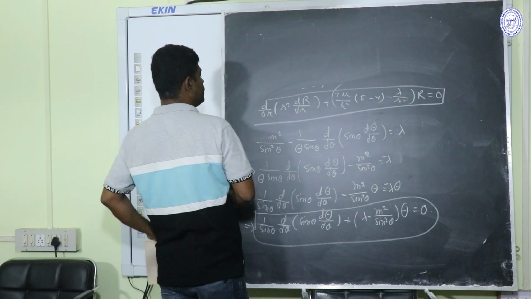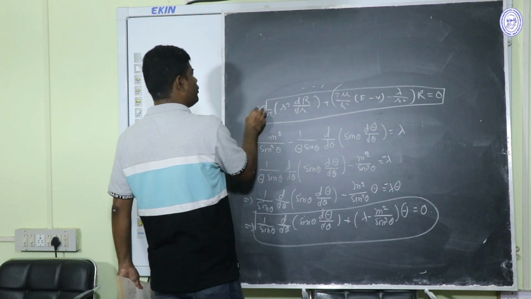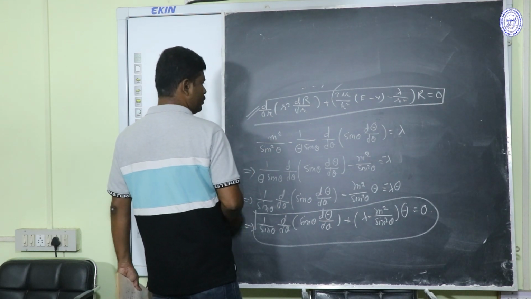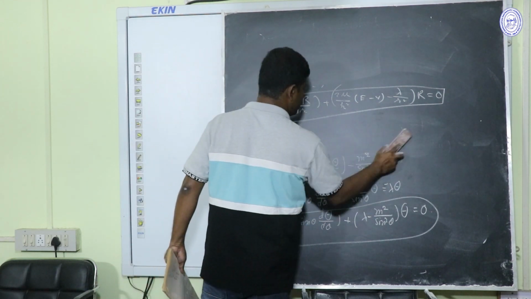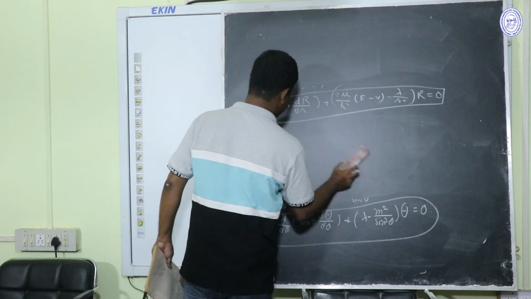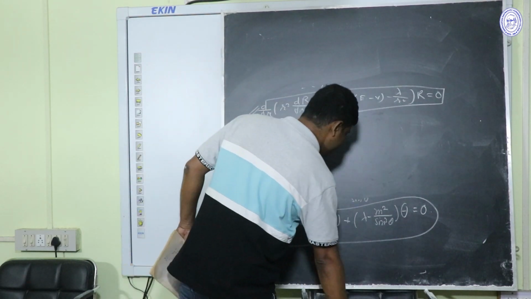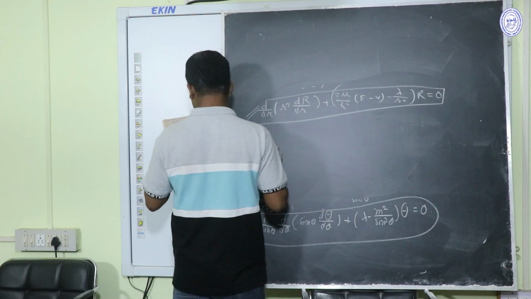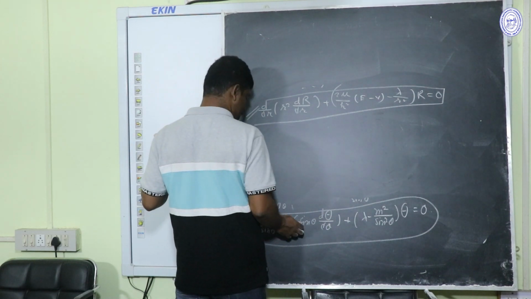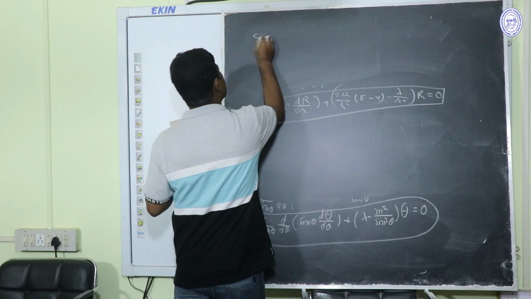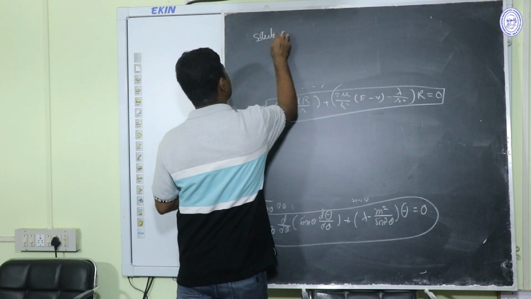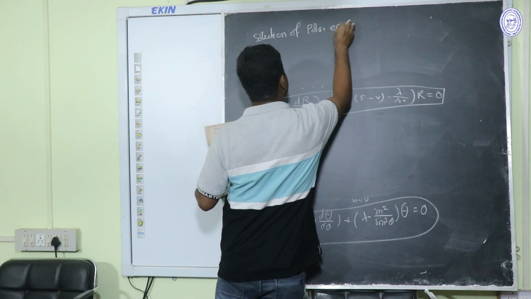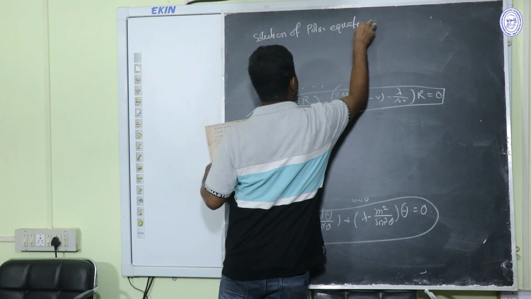Now we will concentrate on these two equations. This is the radial equation of the wave motion of the electron, and this is the theta dependence equation of the electron. Now we will solve the polar equation. The solution of the theta dependence equation is called the polar equation.